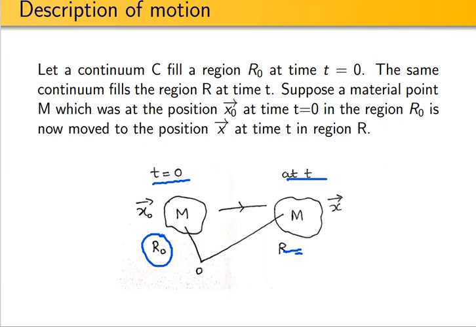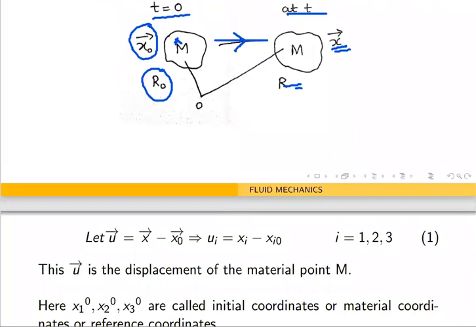Suppose this is a material point, which was at the position x naught. Let us take some material point, say this one, and call it M. If this point M, which was at the position vector x naught at time t equal to 0 in the region R naught, has moved to the position x at time t in the region R, then there is a displacement.